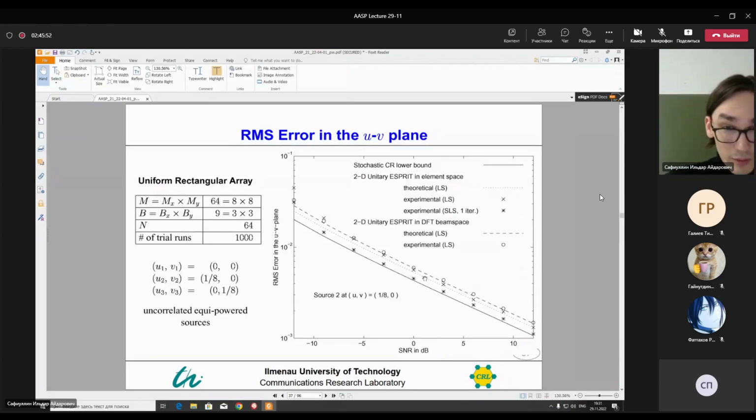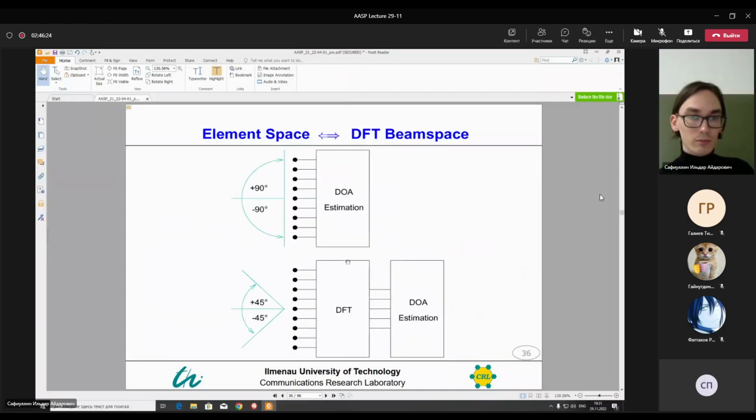I think it's something like 10 to the power of -4 maybe. But we reduce the computational complexity because we collect all these signals from the array elements into fewer flows using DFT.